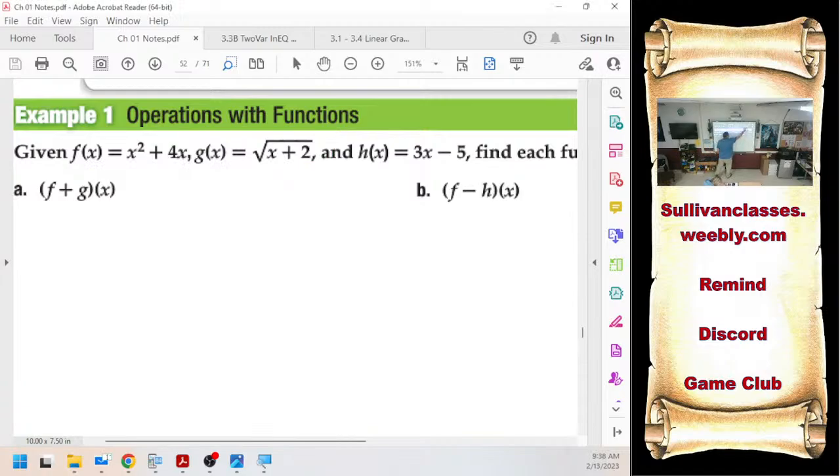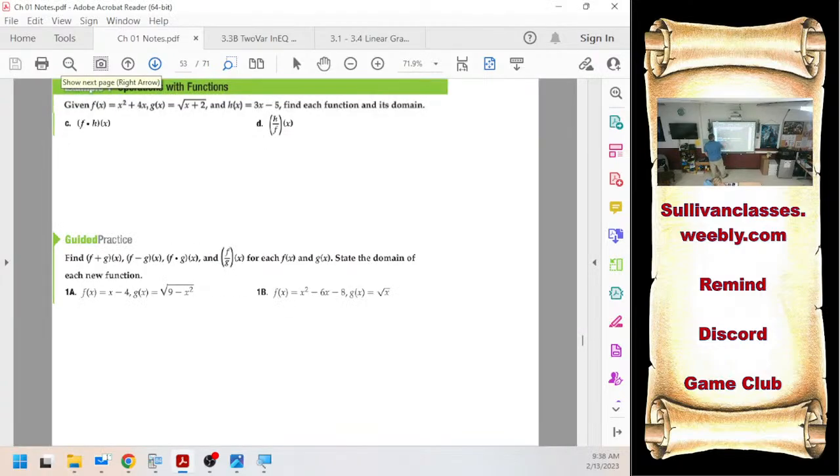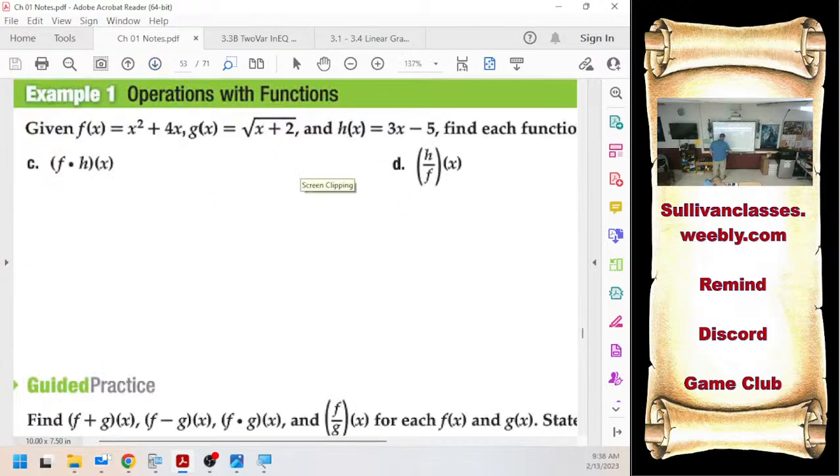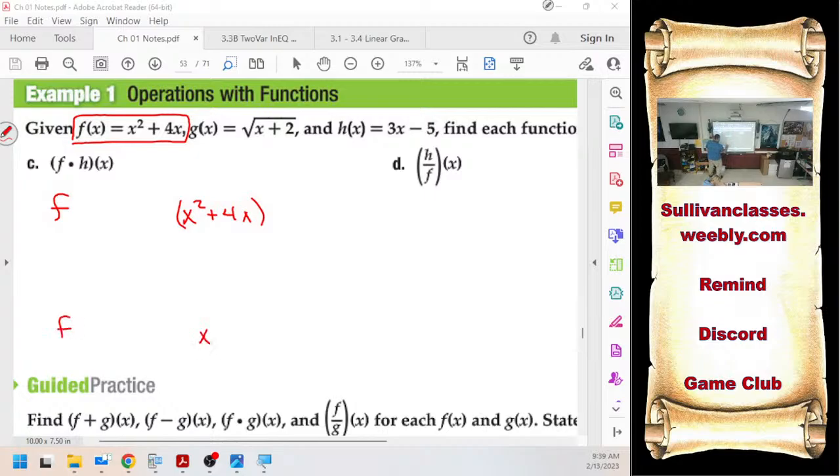Okay, if I can add and subtract them, then I can multiply and divide them. Same thing. F times H. F is still this stuff. So I'm going to have x squared plus 4x. And what's that? H over F. So F is going to be down here. x squared plus 4x.